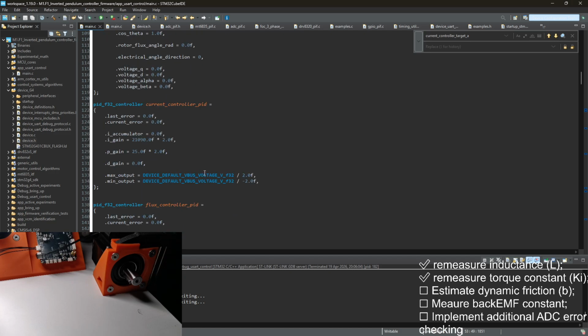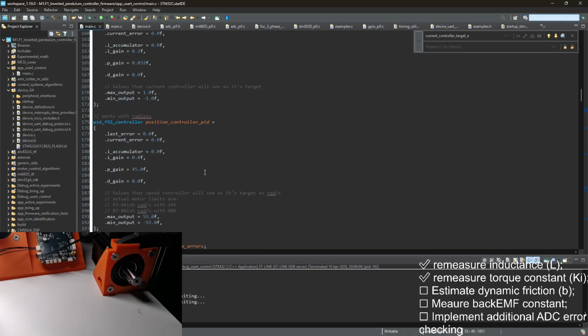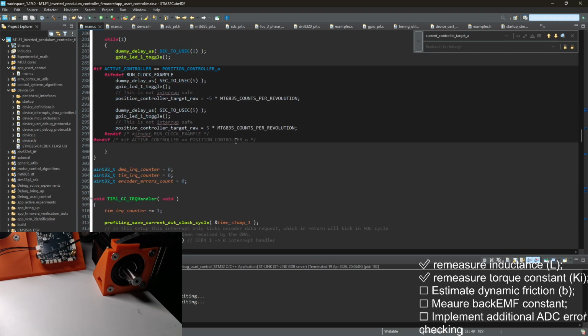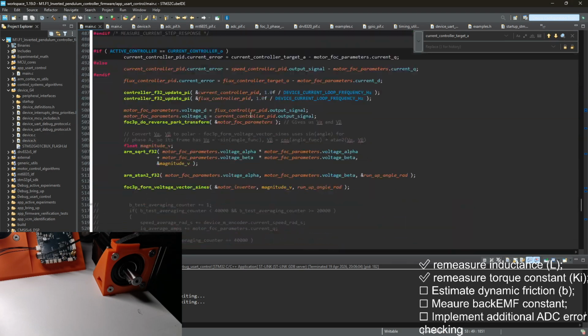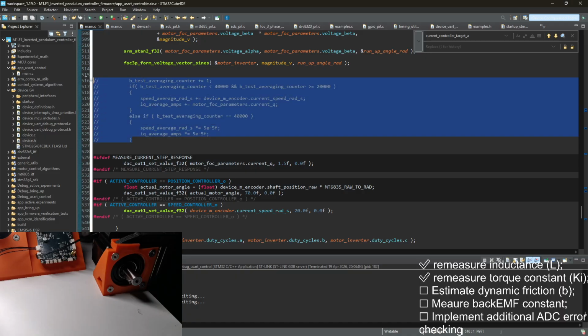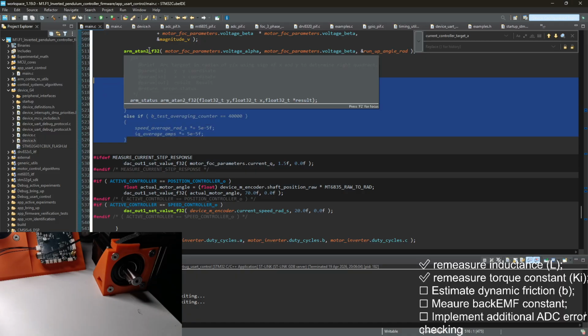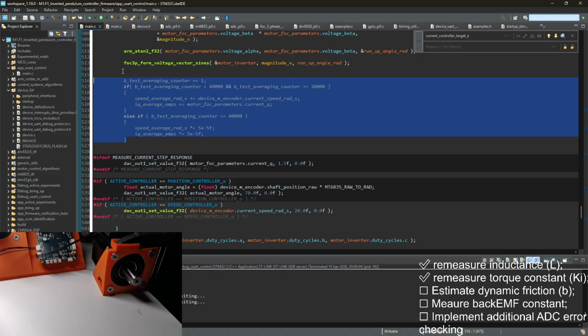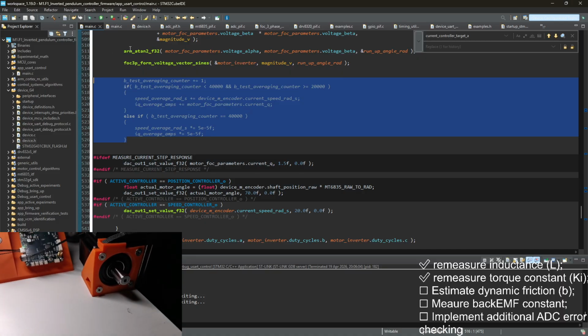Okay, let me check the values. Seems to be all right. Now let's add back the test code itself, which is here. Let's turn on our power supply and flash our firmware.